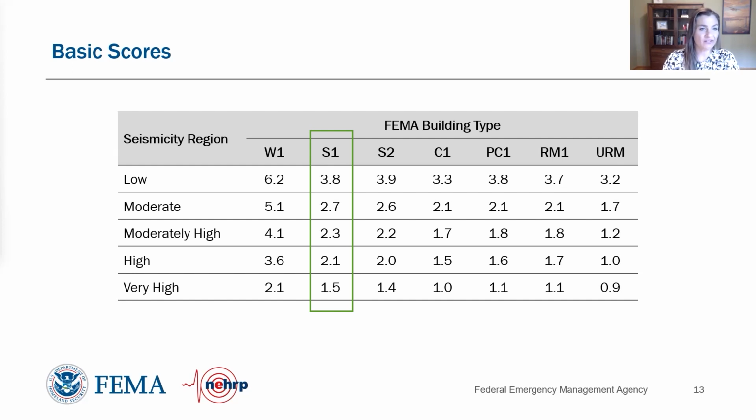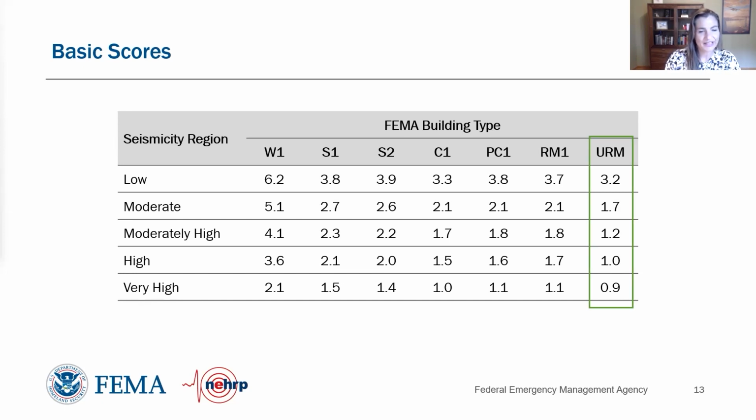And it would fail in the very high seismicity region because it has a basic score of only 1.5. We can also see that URMs almost always are less than the cutoff score of 2. So only in low seismicity does a URM have a basic score higher than 2.